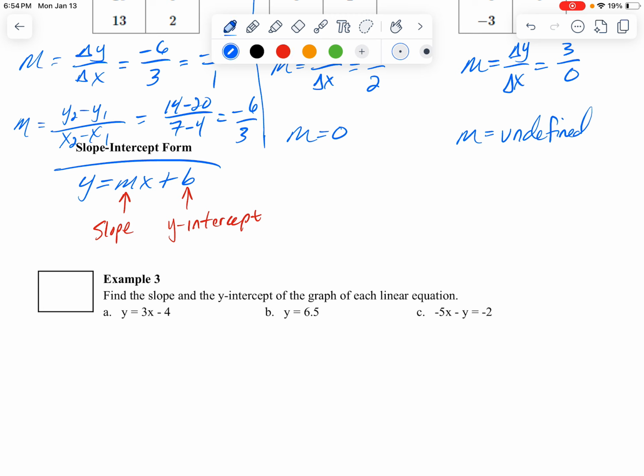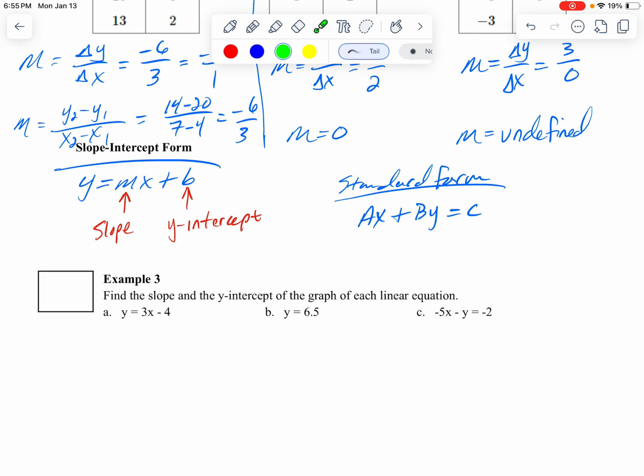Another form you might remember is standard form. And we were using this recently, and that looked like this, ax plus by equals c. So notice it's got basically the same components, they're just kind of rearranged. And we can always take a standard form linear equation and turn it into slope-intercept form and vice versa.